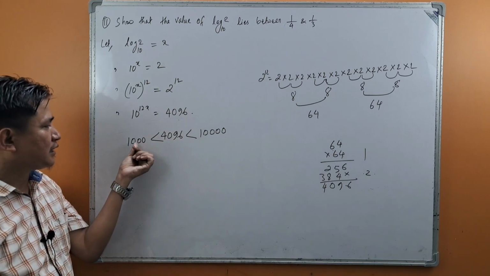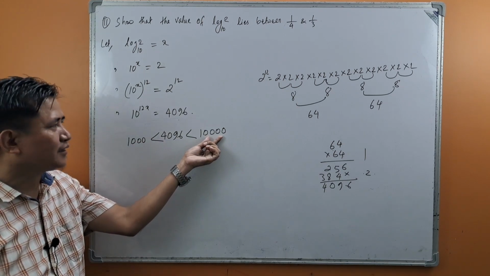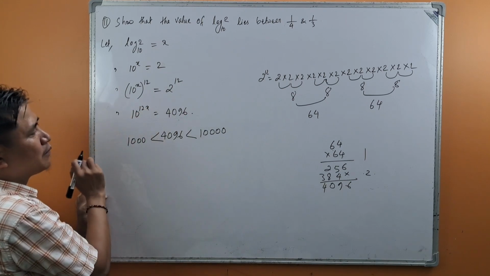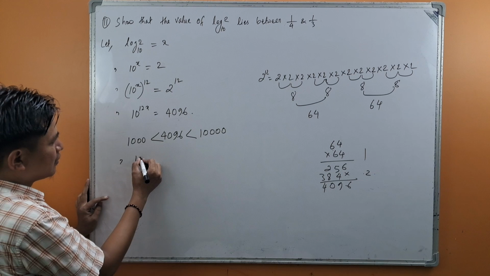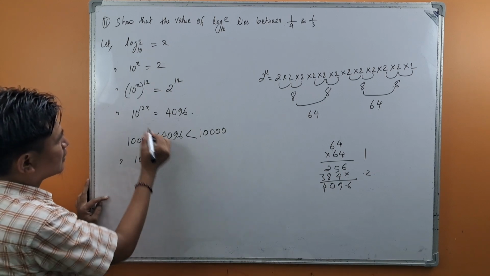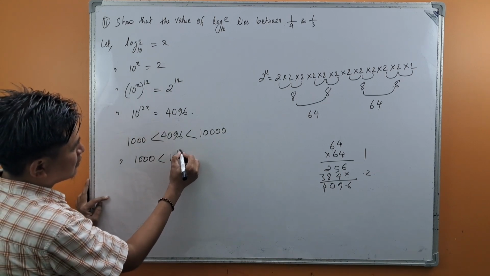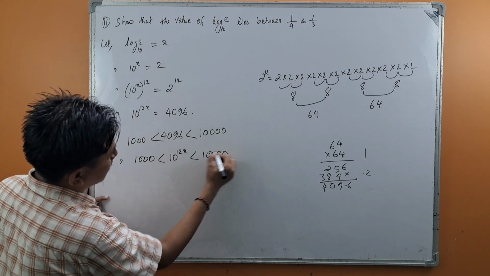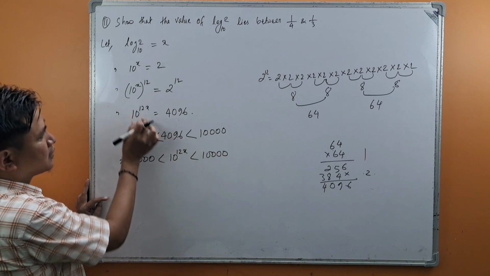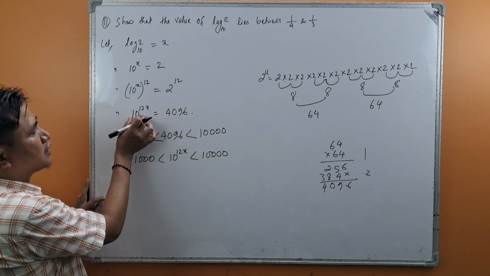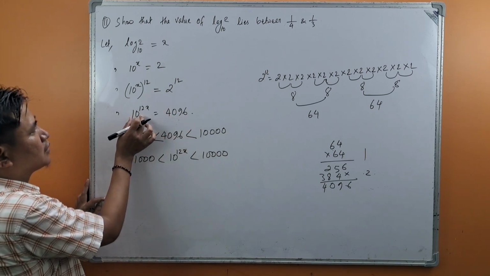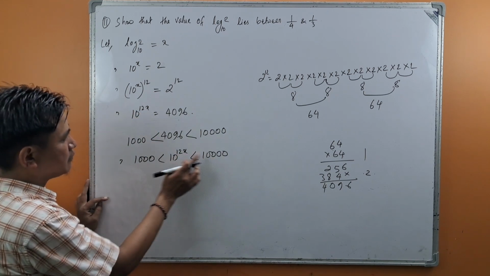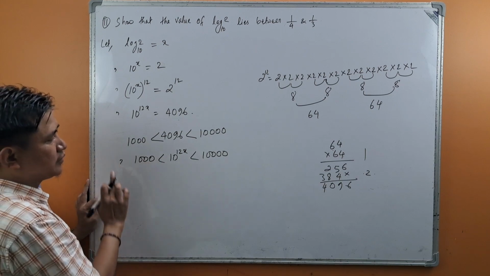So 4096 is equal to 10 to the power 12x, which means we can write 1000 is lesser than 10 to the power 12x, lesser than 10,000. Instead of 4096 I am writing 10 to the power 12x, which is lesser than 10,000 but greater than 1000, isn't it?